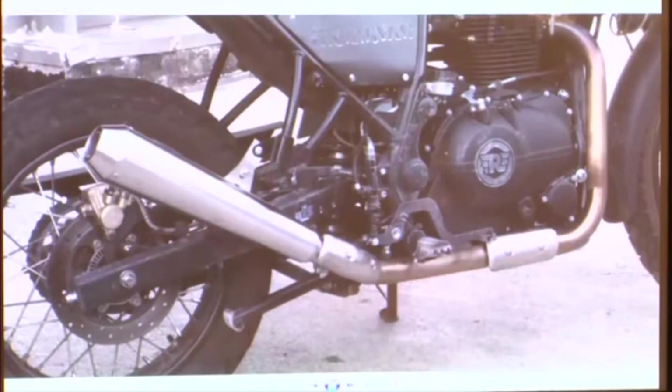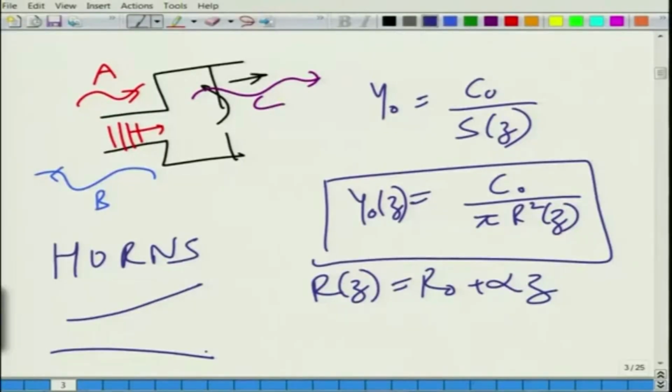In fact, horns were the first applications in which wave propagation was studied. The horn has a certain flare, and the entire idea of horns is that we are trying to maximize the acoustic power distribution from its open end. It is a device so that if some important announcement were to be made in ancient times or olden days, and even in modern times we have lots of such devices for public addressing systems.